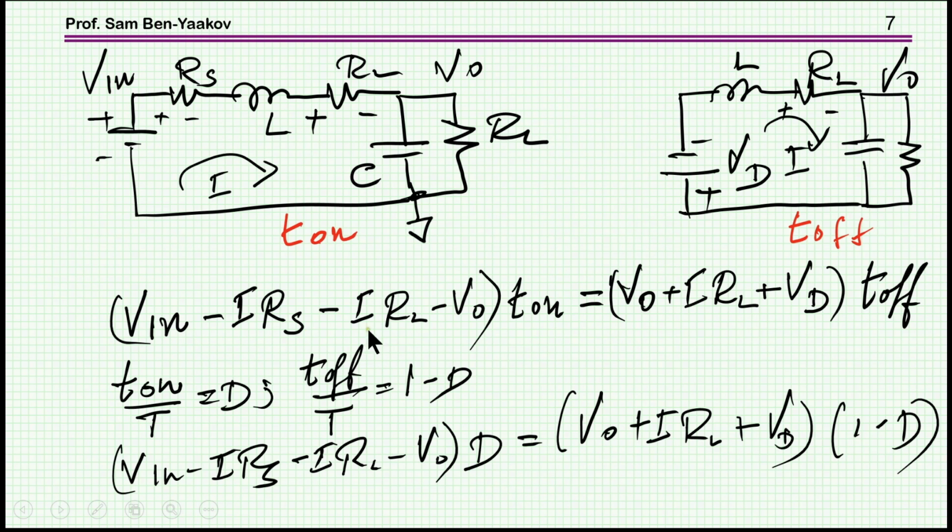So during the T on, we have now V in minus I over RS as a voltage drop here, and then there is a voltage drop here, and then V out. So this is during T on, and during T off we have V out, we have the voltage drop on the diode, which I'm not neglecting now, and the voltage drop on this resistance.